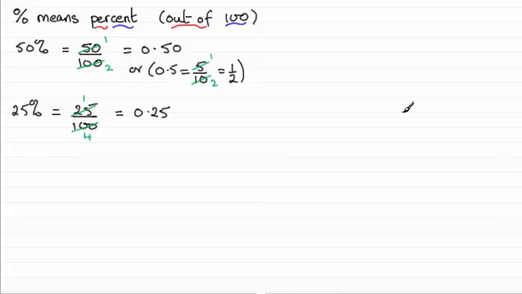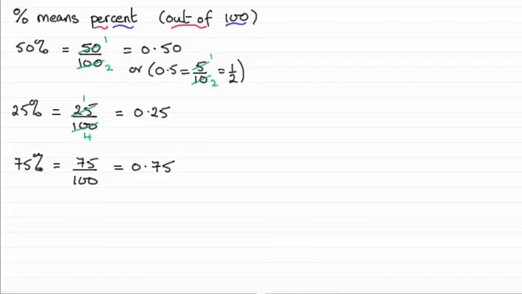So let's have a look at another one, 75%. 75% would be 75 out of 100. And again, as a decimal, dividing 75 by 100, just move the point back 2 places and you end up with 0.75.